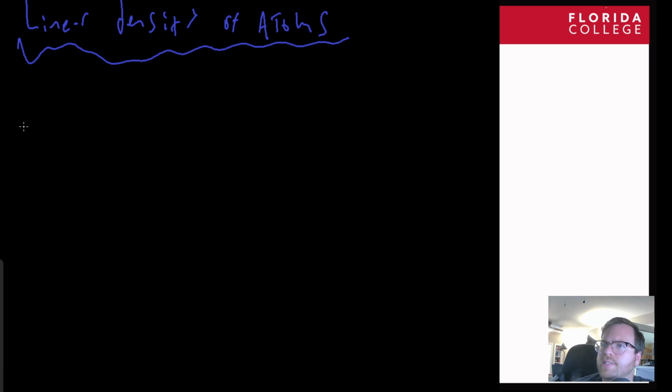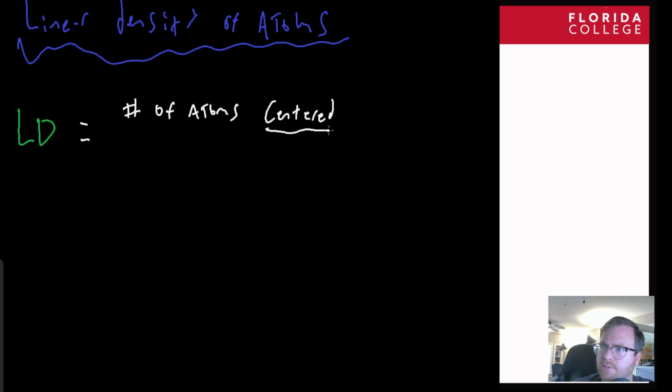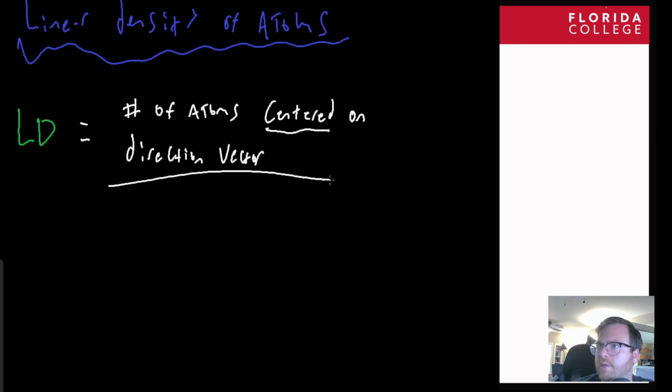So linear density, or I'm just going to call it LD here, is going to be equal to the number of atoms centered on one of your vectors. And that's important. It must be centered on a direction vector divided by the length of the vector.